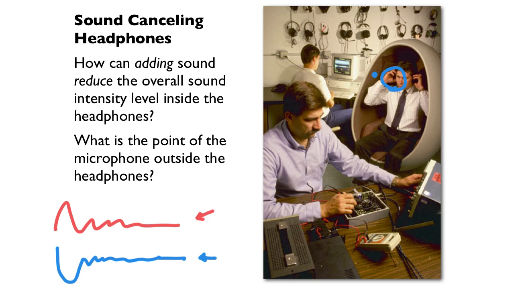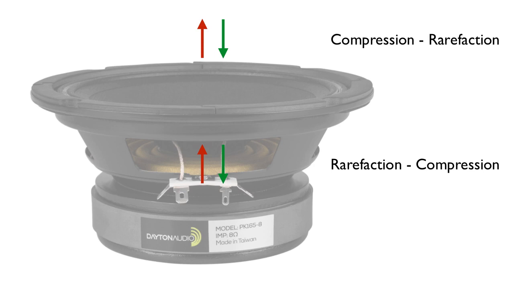I love this. A place where this happens is in loudspeakers. If you open up one of your speakers in one of your devices, or if you have bookshelf speakers, there's a little paper cone that's pushing air back and forth. But check this out. It's making sound waves from the front because it pushes out and then it pulls in. But in the back, it's pulling in and then it's pushing out.